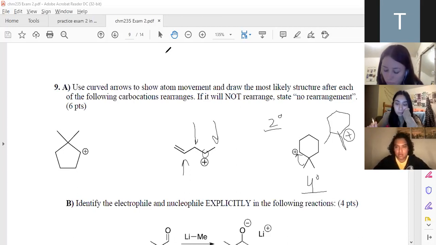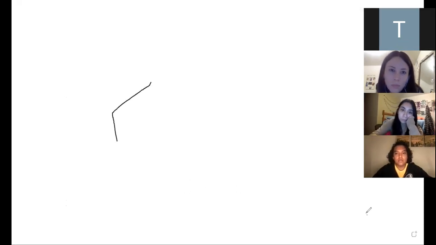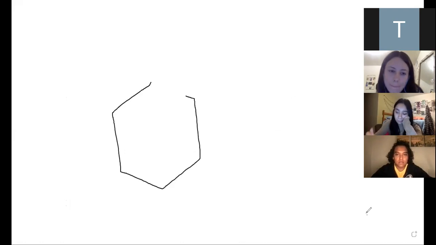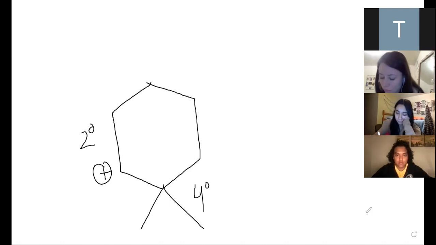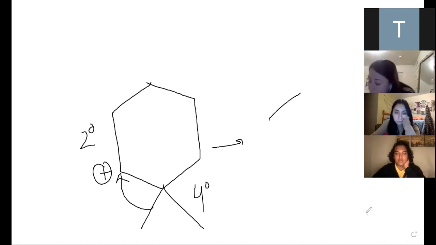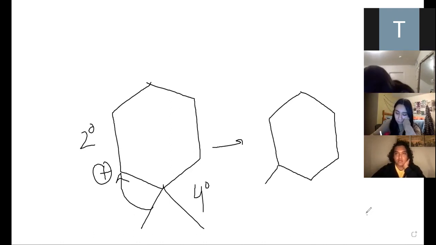So if I go here to the whiteboard so that we have more room, when I think about this, right here, I have this. As we said, I have a secondary carbocation adjacent to a quaternary. So whenever I have this, a methyl group is going to shift over like that. That entire methyl group is just going to go to that other carbon, right? And so now that the methyl shift has occurred, this was the methyl.